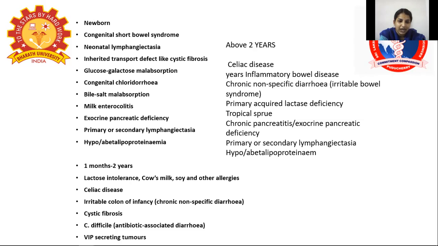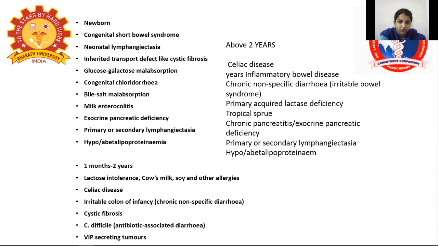In 1 month to 2 years of age, the common causes are lactose intolerance, cow's milk, soy milk, or other milk allergies, celiac disease, irritable colon of infancy, chronic non-specific diarrhea, cystic fibrosis, and Clostridium difficile associated antibiotic associated diarrhea.